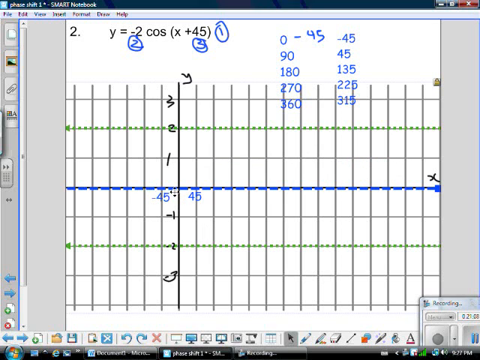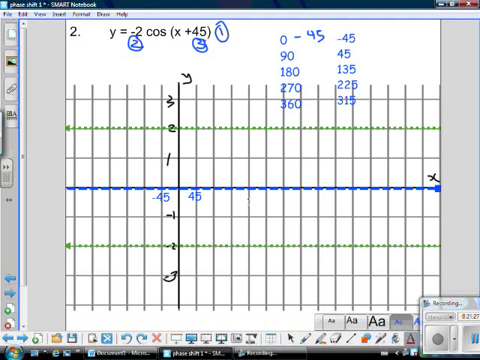So 1, 2, and there's my next number. My next one, I have a space in between, so we're looking at 135.